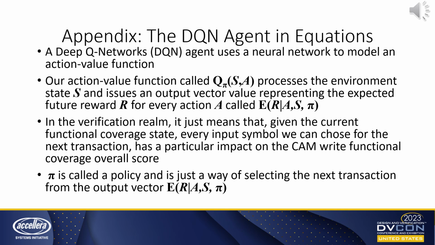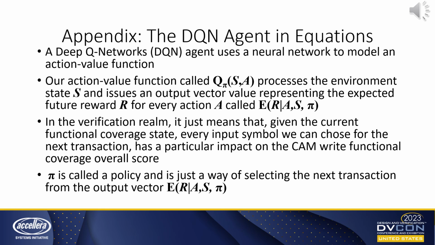Now, if we move to the verification realm, what I said just means that given the functional coverage state, every input symbol that we can choose for the next transaction has a particular impact on the CAM write functional coverage overall score. So what I want to do here is maximize the reward, meaning maximize the functional coverage, meaning that I will choose a symbol that will hopefully generate a new hit or a bigger hit in the functional coverage.